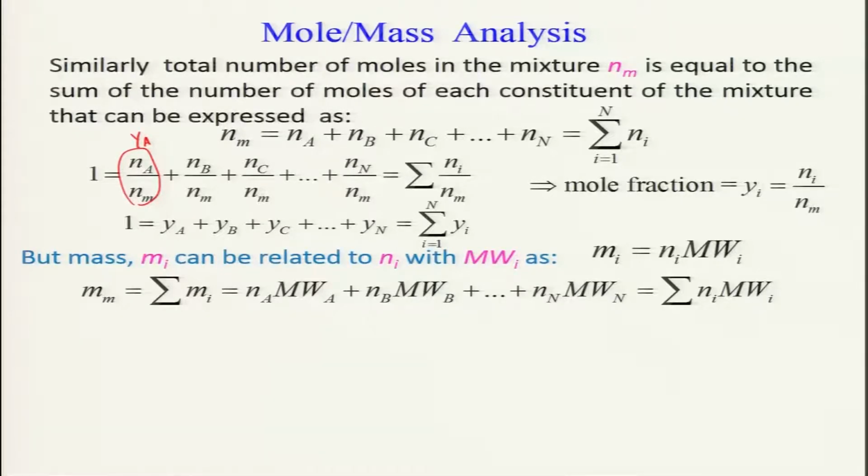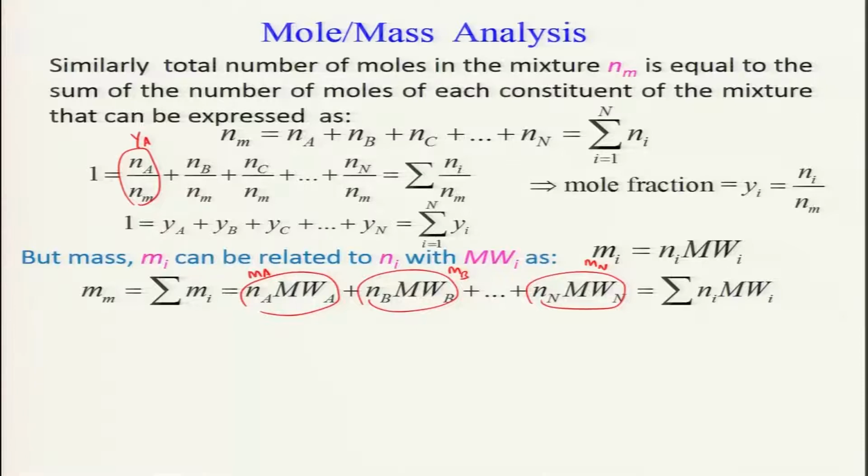Then we can write that M is equal to Ma plus Mb and so on, and in place of Ma, this is nothing but Ma is equal to Na Mwa. Similarly, this is Mb, and goes on till Mn, the summation, right.